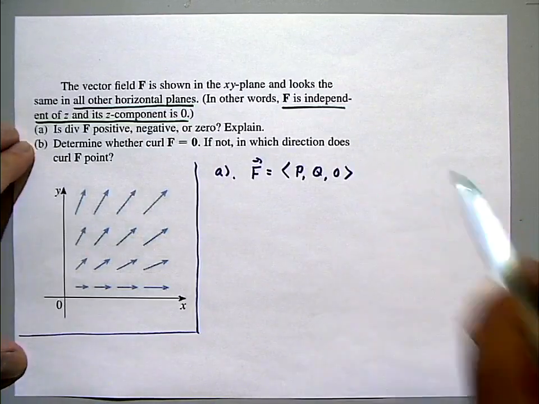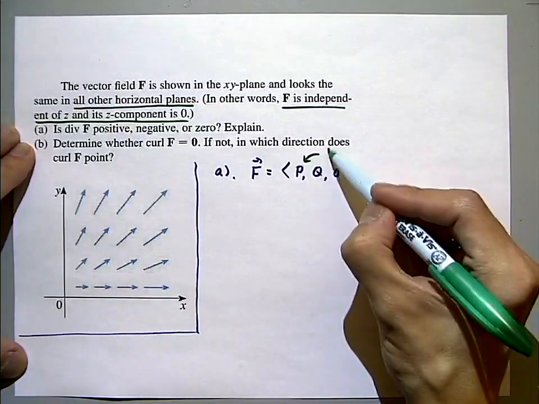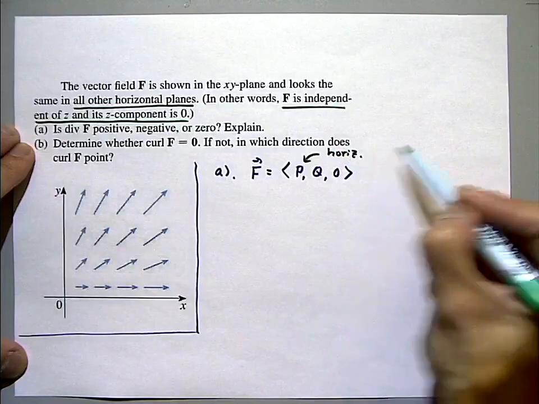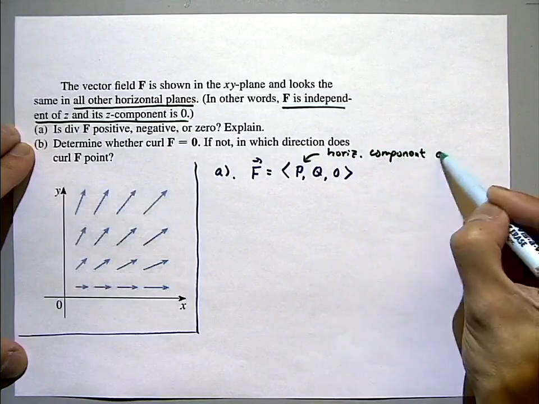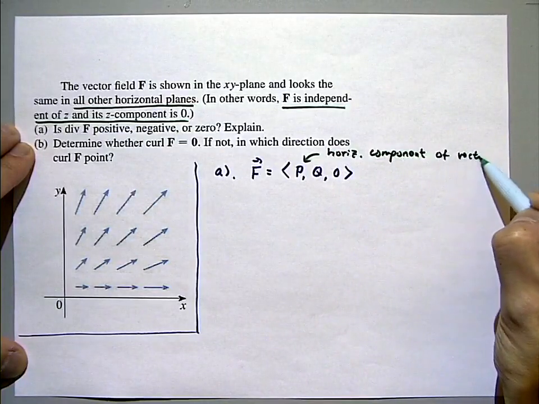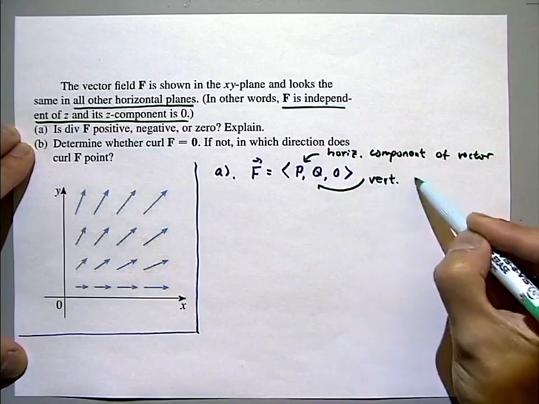Let's keep in mind what these things mean graphically. P means the horizontal component of a vector. And Q is the vertical component.